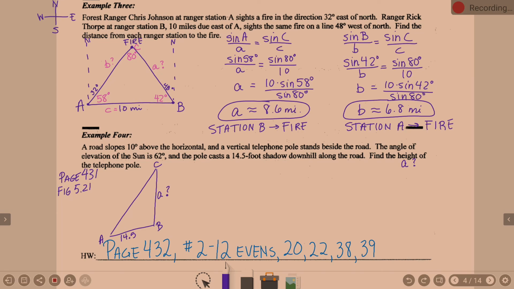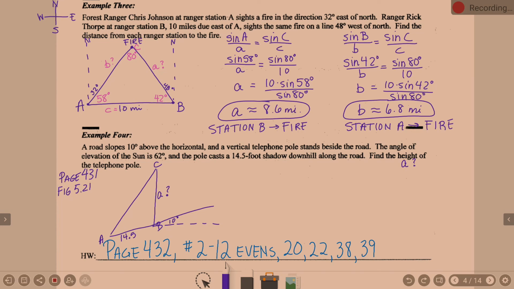What's the other piece of information? This is where I probably should draw this road in, because we need to have the fact that this is 10 degrees right there.